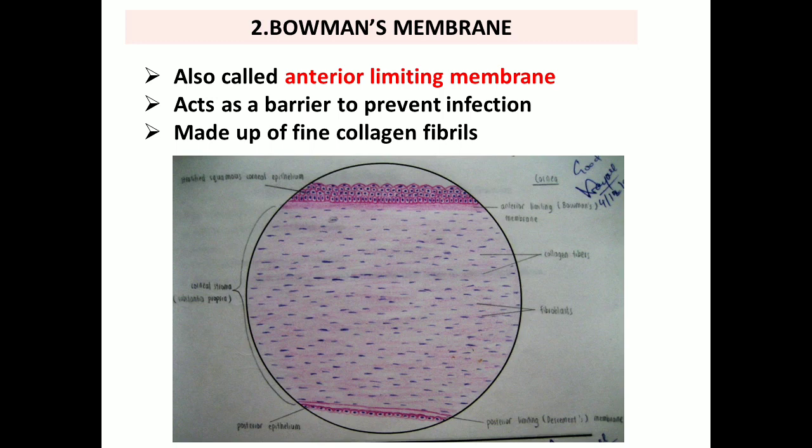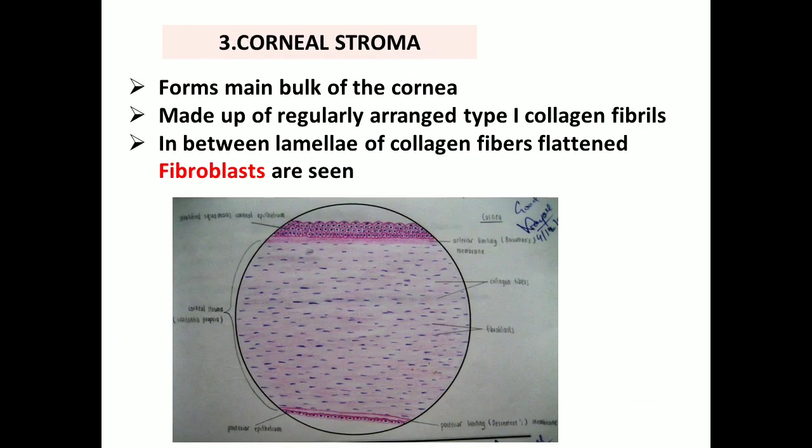In electron microscopic view, this layer shows fine collagen fibrils, randomly arranged. Here the cellular architecture is less; you can say it is non-cellular, and instead it is made up of randomly arranged collagen fibrils. So this layer is called the anterior limiting membrane or Bowman's membrane.